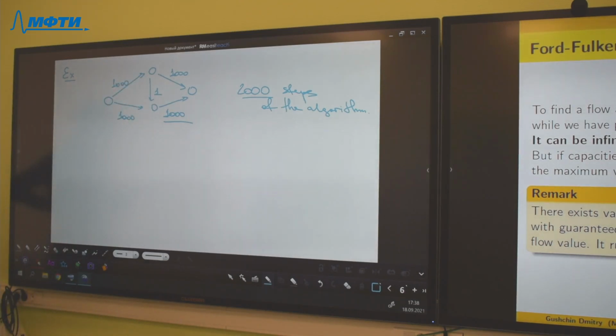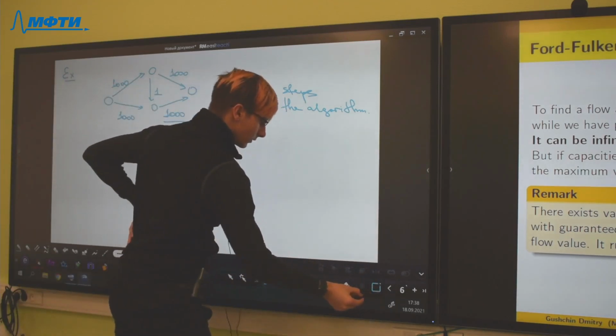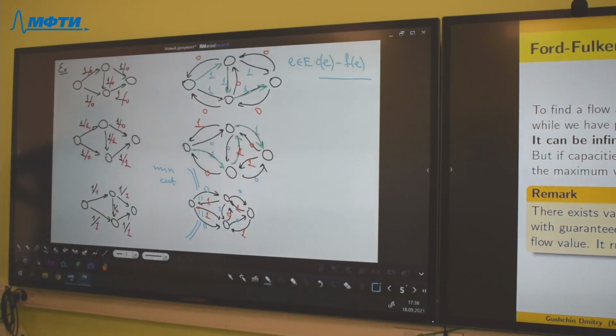And then we get two steps and increase flow that goes through the upper path and the lower path by 1, because of this, two steps or 3 steps of the algorithm.